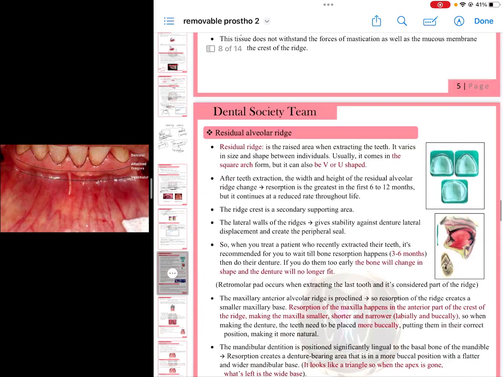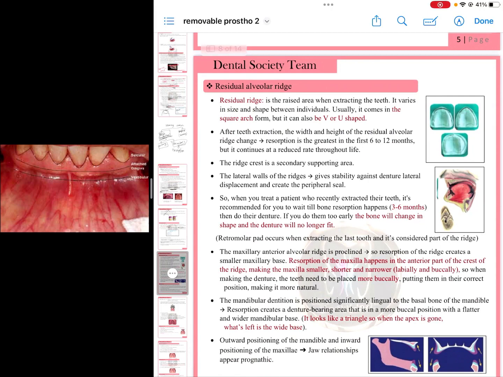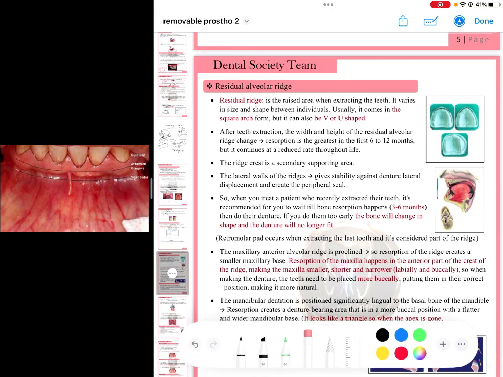Now, we are still talking about the residual alveolar ridge. When we say residual, what does that mean? Before the extraction, it's called the alveolar ridge. After the extraction, it's called residual. So what is residual?